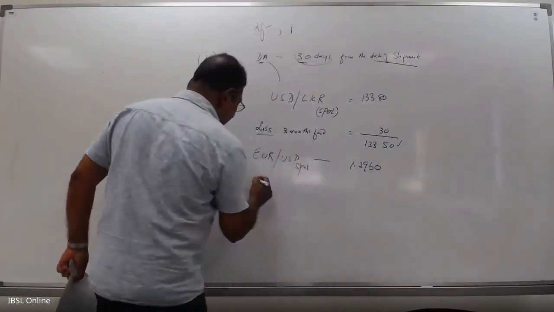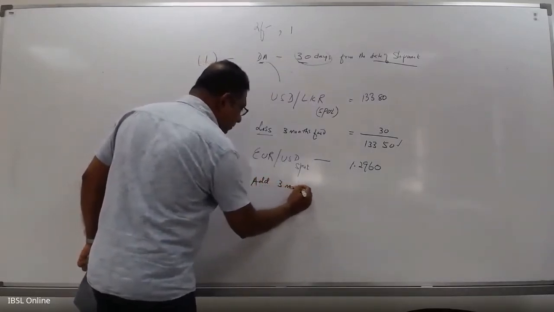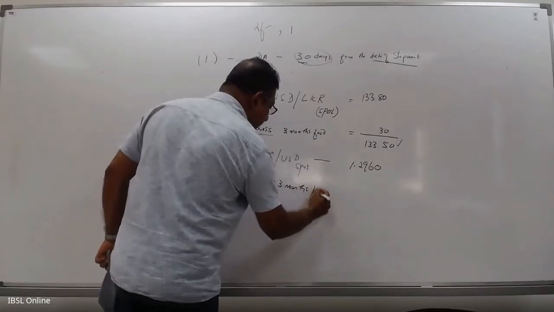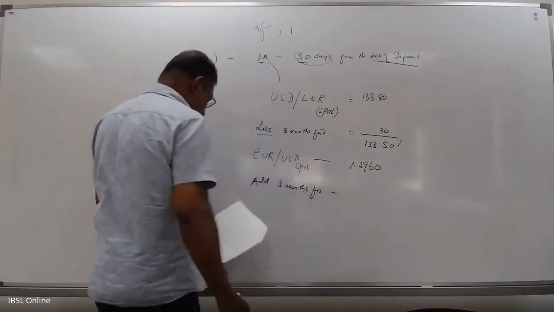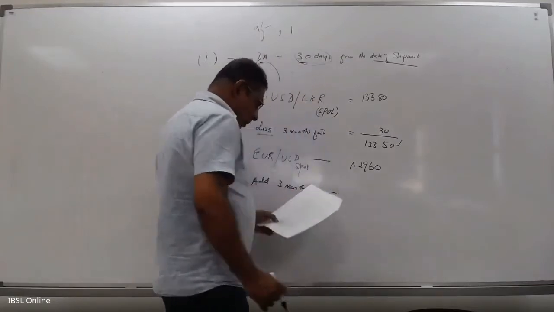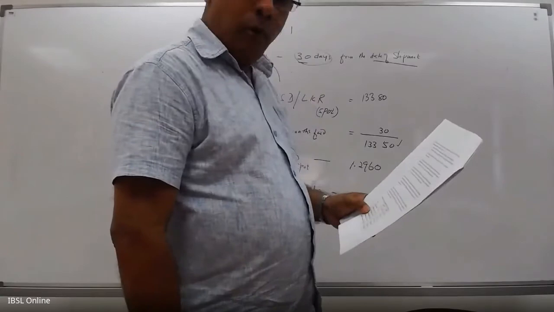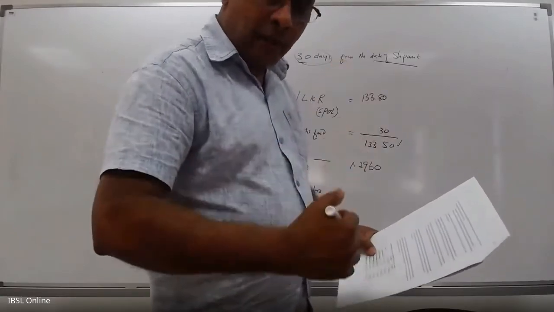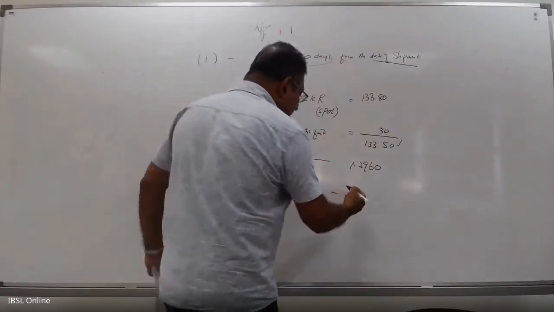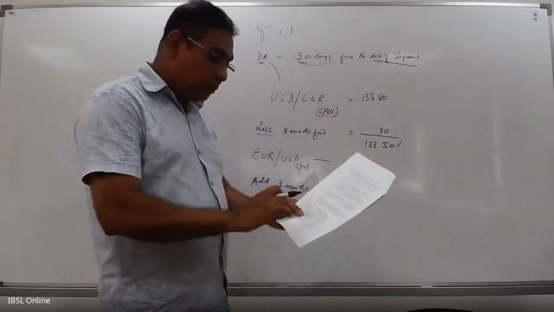You say add 3 months forward. And here you have to be careful. The figure being given as 0.0200, you have to further divide by 100. So there will be 3 zeros then. 3 zeros with the 0 given here.